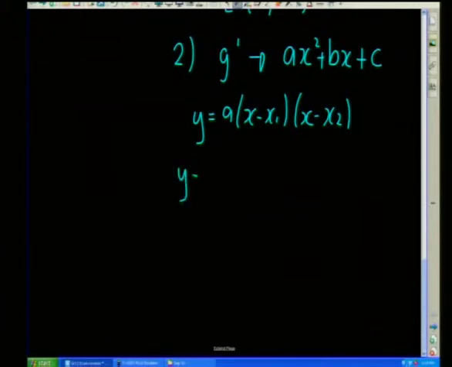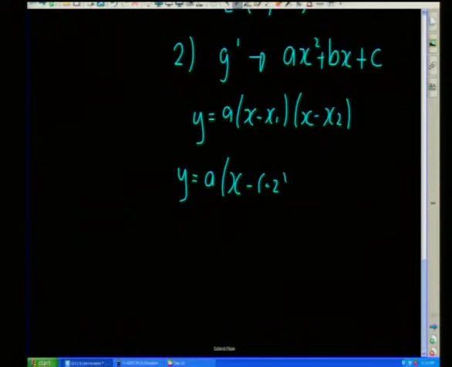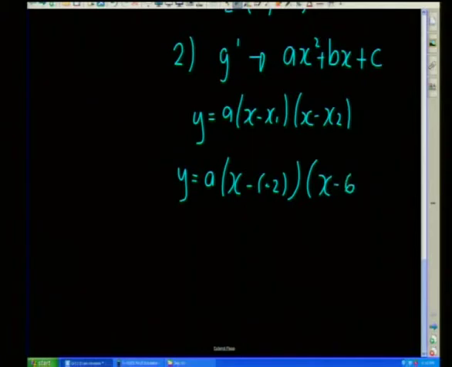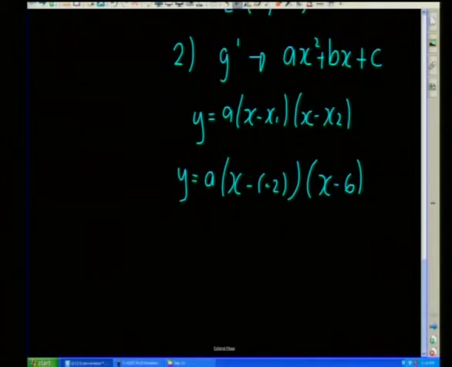So y is equal to a times (x minus x1). Very important to use brackets here so you don't confuse your signs. x1 being the first x-intercept, which was minus 2. All right, and then your second x-intercept was 6. Okay, so it's x minus minus 2 and then x minus 6.